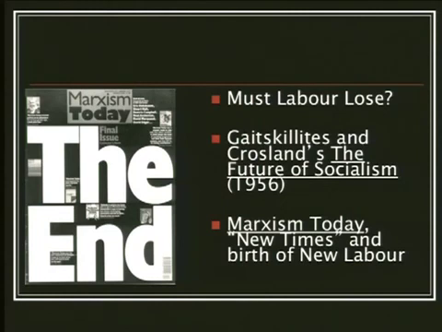Crosland becomes his education secretary, and he introduces a number of key reforms, not least of which was the embrace of the Robbins Report, which had come out in 1963, calling for a doubling of the number of university students within a decade. And indeed, this is achieved.